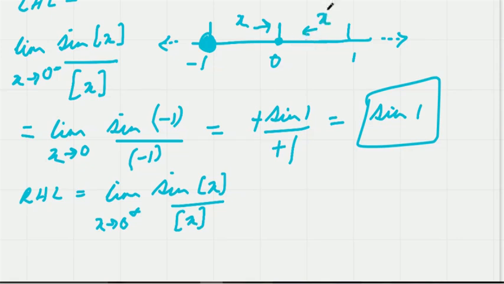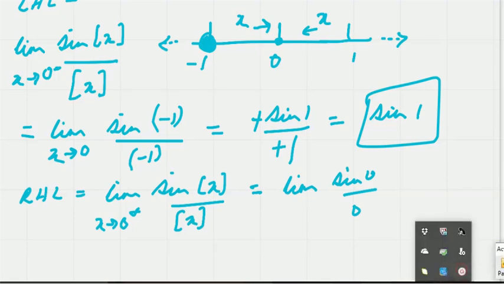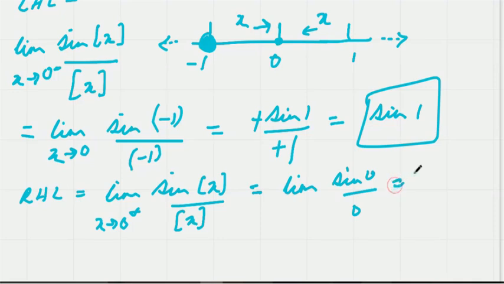Now the greatest integer which is less than or equal to x, say 0.01, is 0, right? Correct? So it will be sine 0 upon x, which is equal to 0.